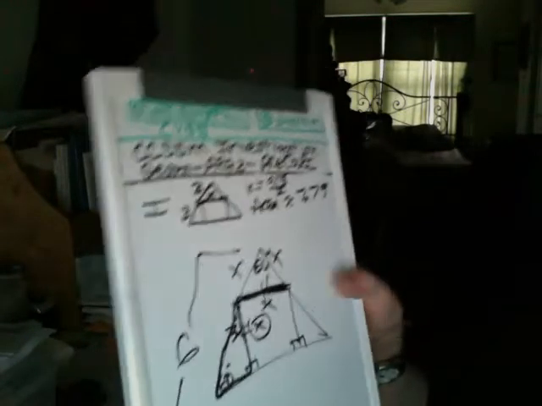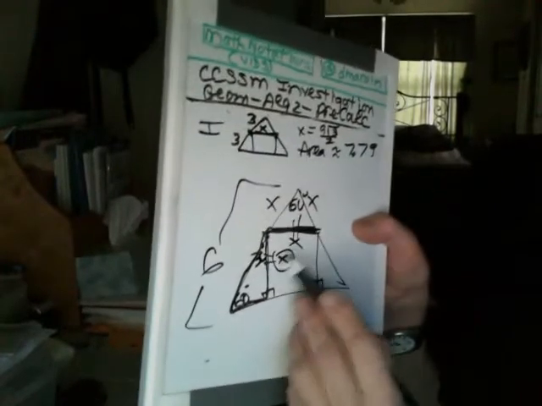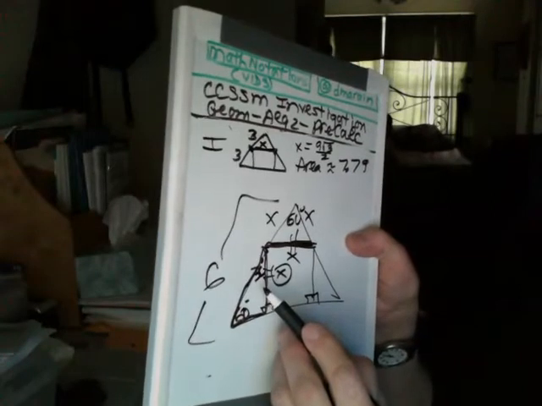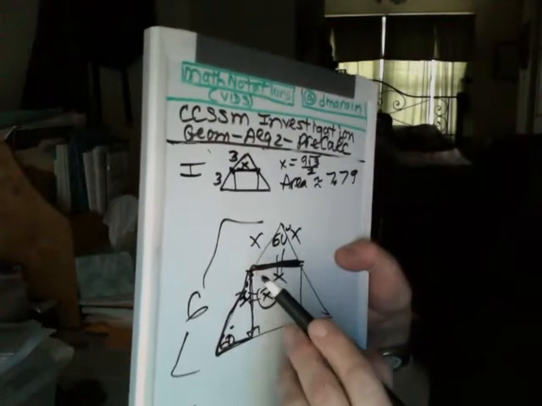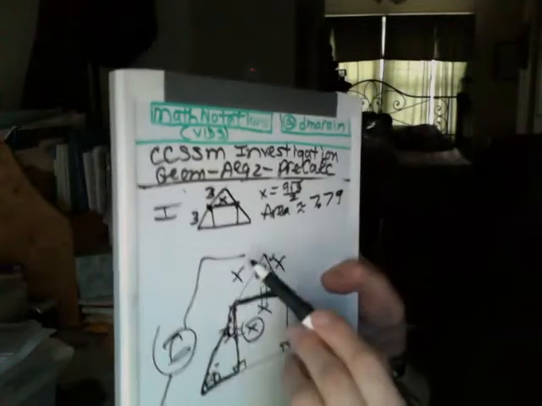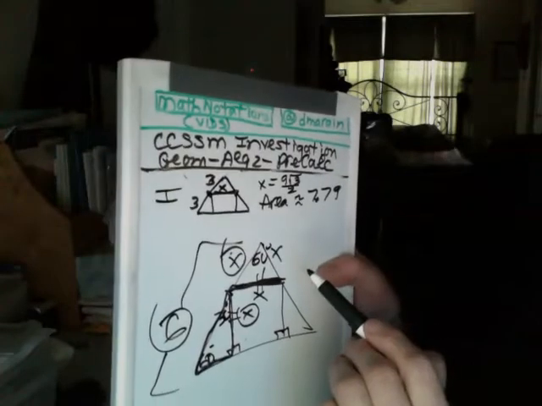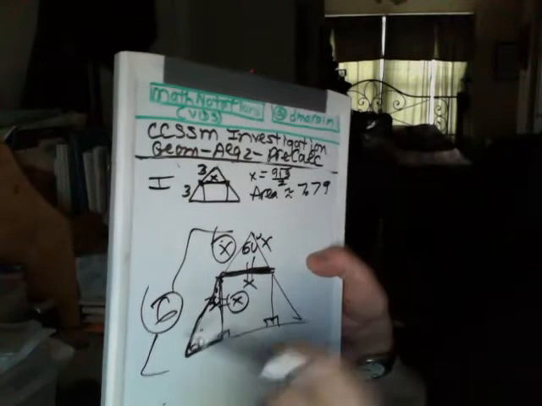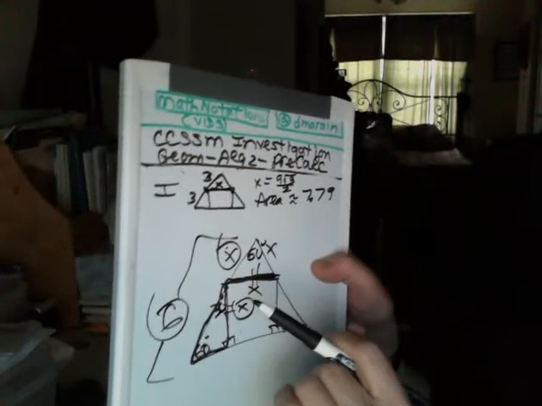So now we can go off in a couple of different directions. We could use our 30, 60, 90 triangle relationships first, or we could use our whole side and knowing what one part is. Both approaches are very important, and students should be encouraged to try either way.